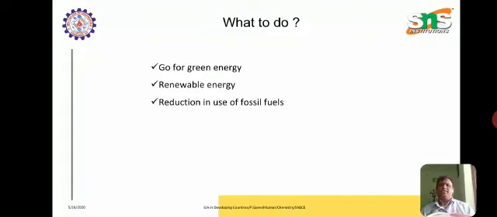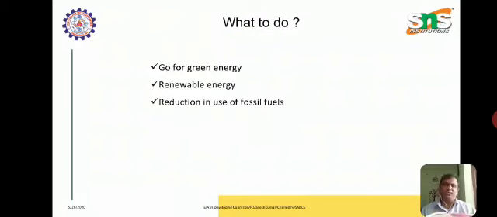So reduction in the use of fossil fuels is necessary. Why should we reduce the use of fossil fuels? One major reason is that fossil fuels will be exhausted in the near future. Another is that they create pollution. Nowadays, the world's countries are very concerned about pollution and global warming, and the United Nations Convention on climate change has been discussing reduction in the use of fossil fuels so that the carbon dioxide level in the atmosphere will be reduced.